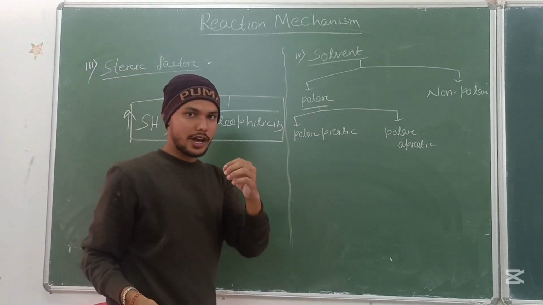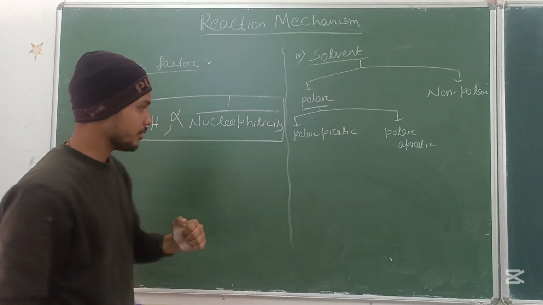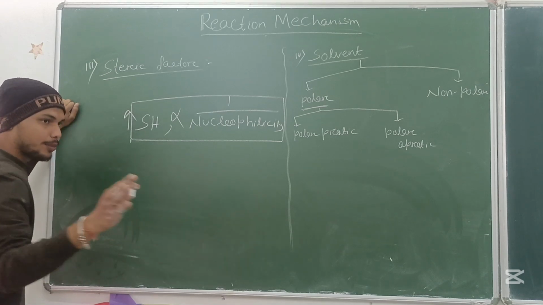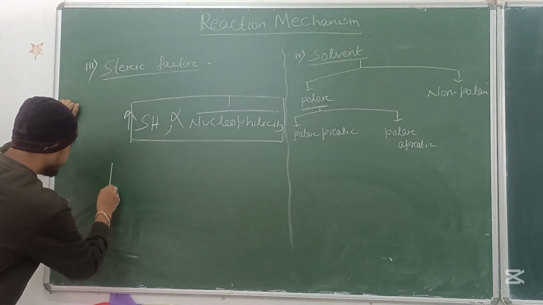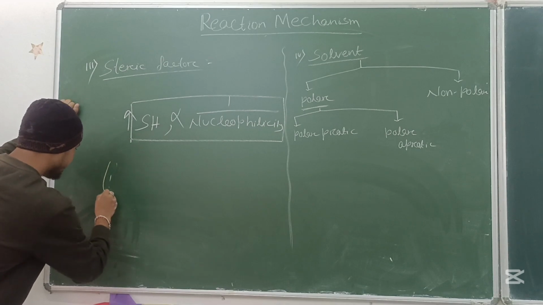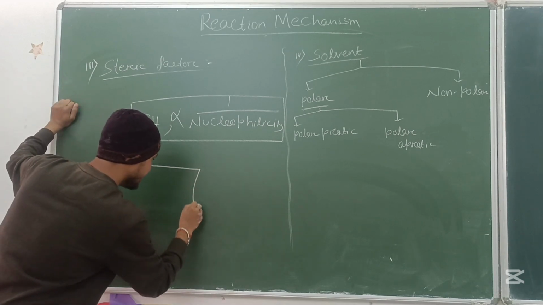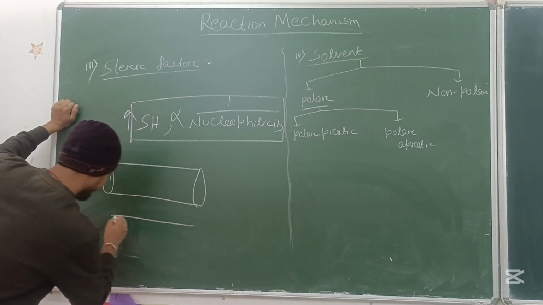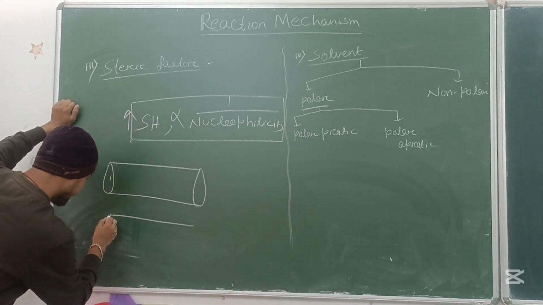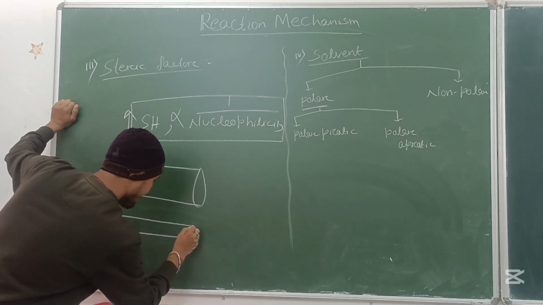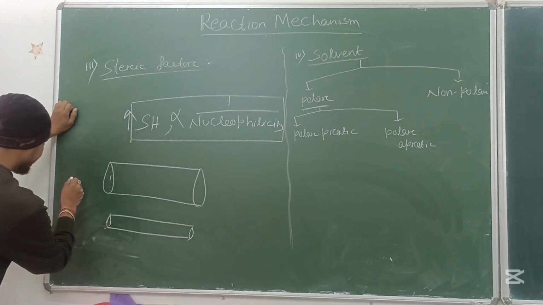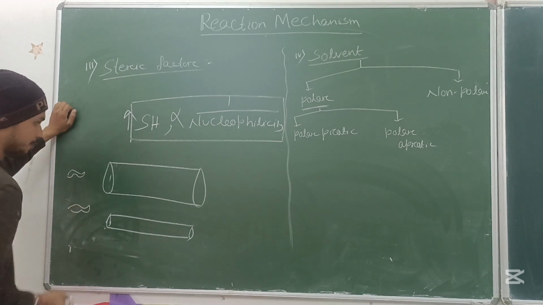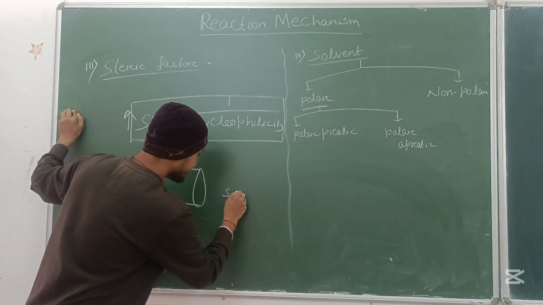In real life, let me take an example so you can understand better. Think there are two types of pipes. One is thick in nature, one is thin. Here an ant is present, and here is also an ant, and sugar is present.